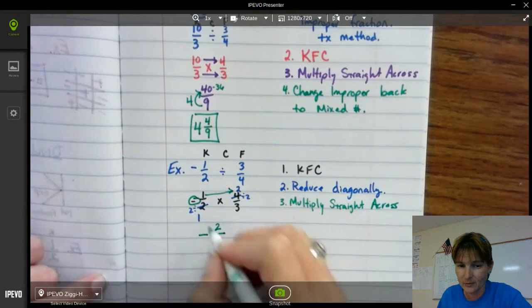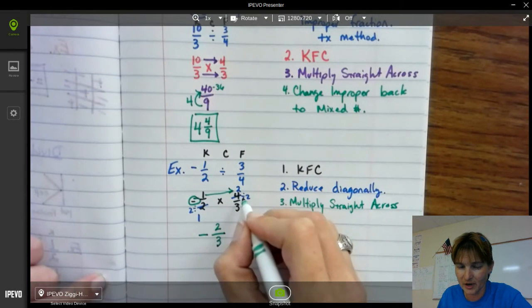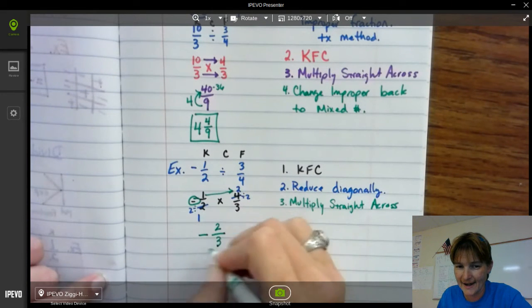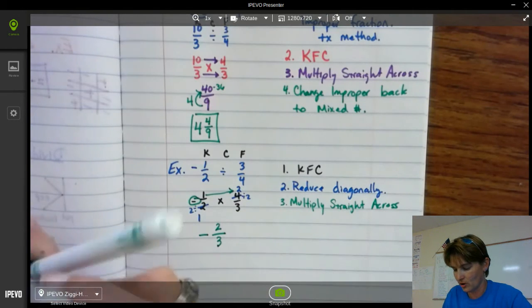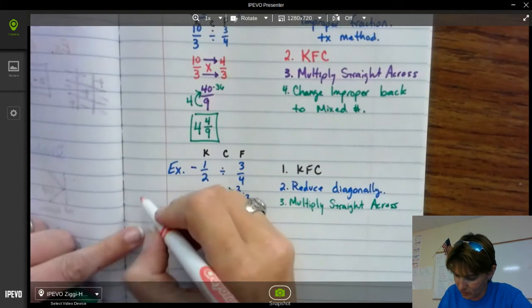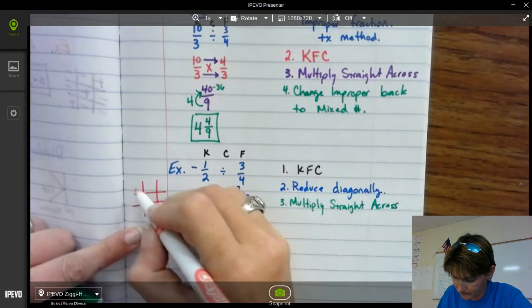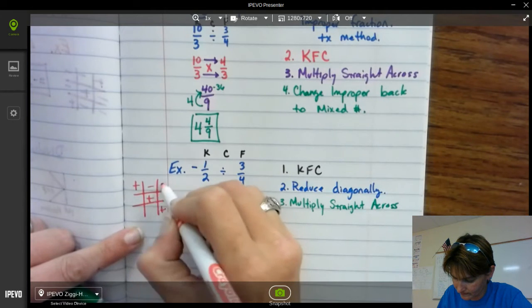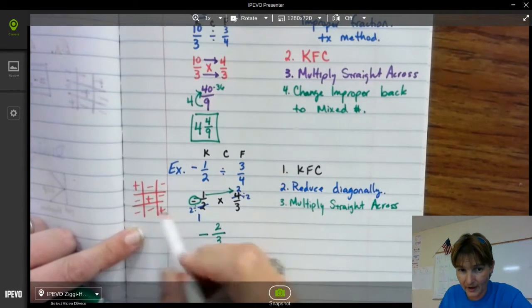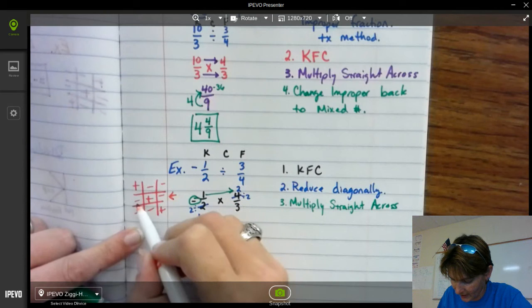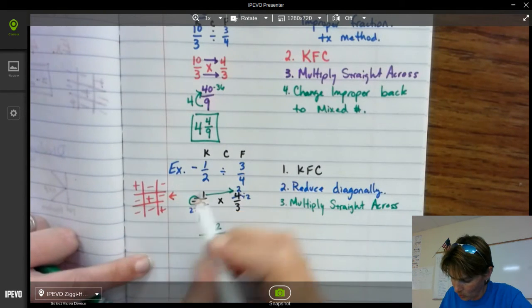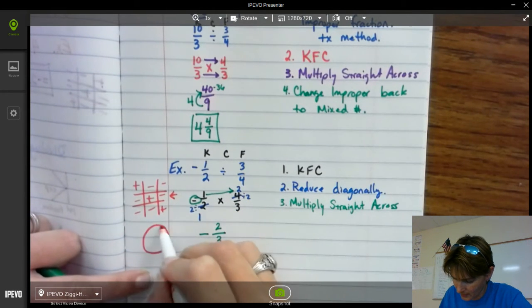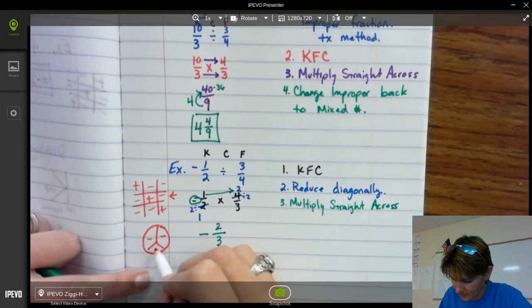Okay? Because a negative times a positive equals a negative. And we learned that through our tic-tac-toe board. Okay, and this is the one we're looking at. Negative times a positive equals a negative. Or the peace sign.